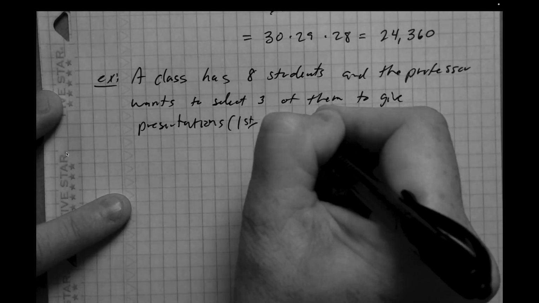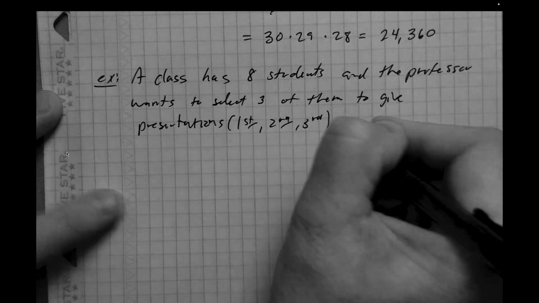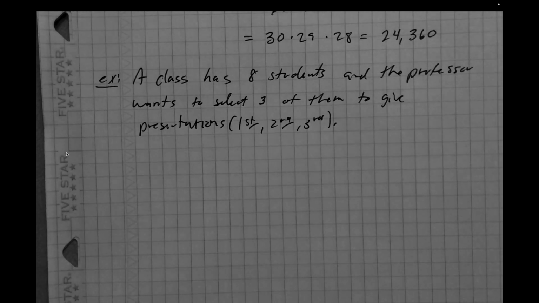First, second, third, right? So they have to go in that order. So the first person selected out of the 8 has to go first, and then second, and then third.